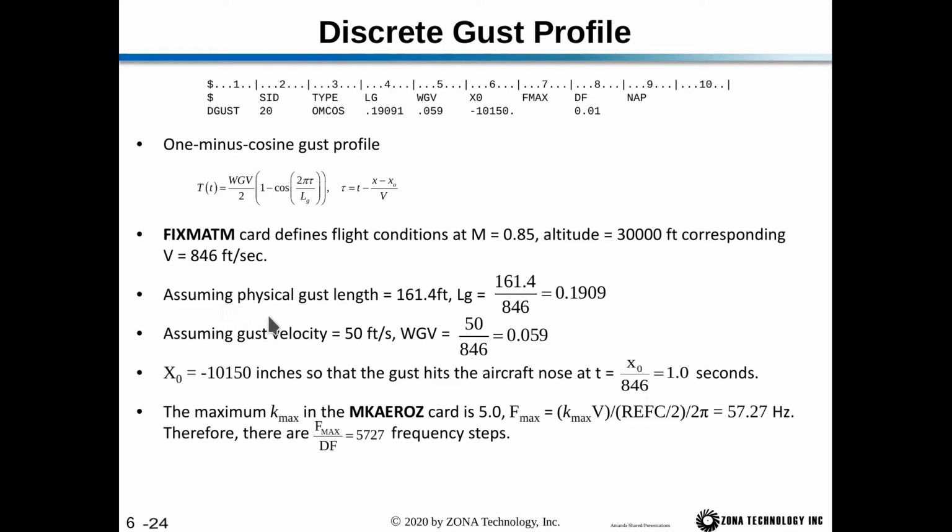Now, if we assume a physical gust length of 161.4 feet, then LG is 161.4 divided by 846, which is 0.1909. So that's the LG field here. Now, if we want a gust velocity of 50 feet per second, then WGV is 50 divided by 846, which is 0.059.